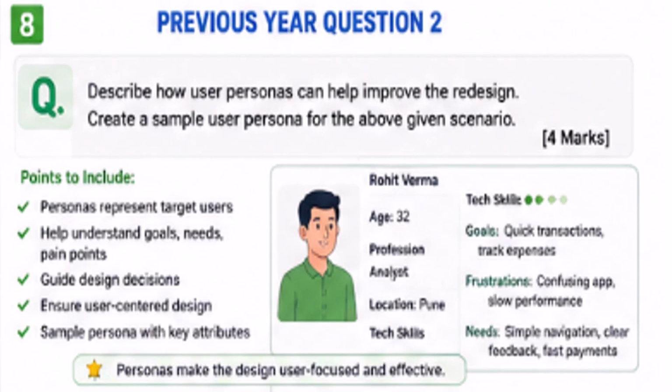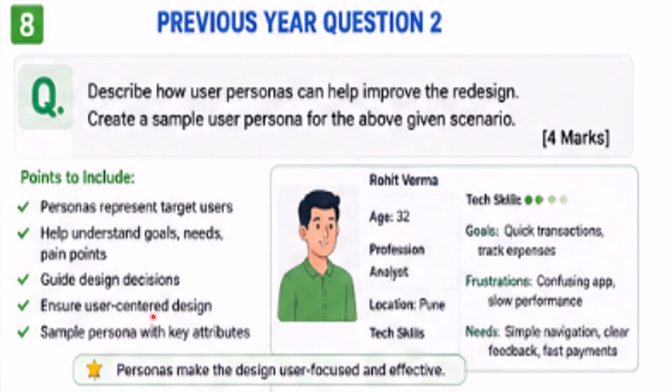Now, describe how user personas improve redesign efforts. Personas help designers understand the target users, including their goals, needs, and pain points. They guide design decisions and ensure the product remains user centered.